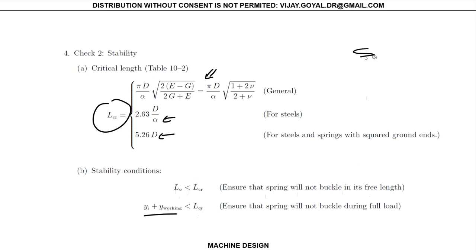Think about it: you open it from the package and put it on the surface. You want to make sure it doesn't end up buckling without the load. And this one ensures that once you apply the full, maximum working load, it is not going to buckle either. This is not at shut. At shut it is not going to buckle because all the coils are piled up against each other.